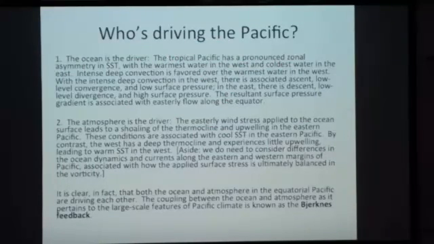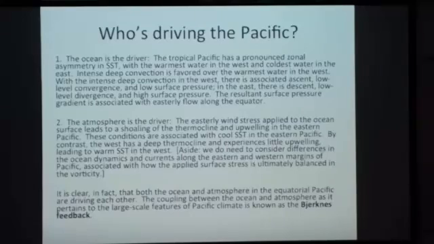We have the tropical Pacific having a very pronounced zonal asymmetry in SST, being warm in the west and cold in the east, relatively speaking. The intense deep convection is favored over the warmest water in the west. With the occurrence of intense deep convection in the west, in terms of the circulation, there's associated ascent.